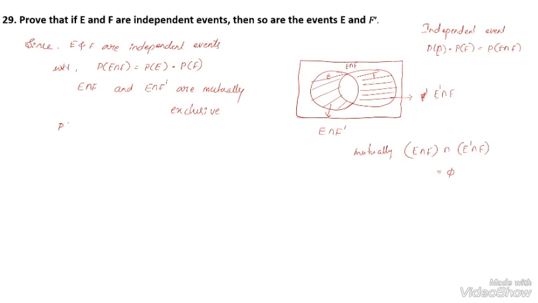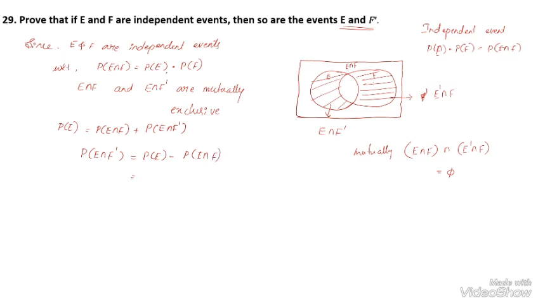So I can write probability of E is equal to probability of E intersection F plus probability of E intersection F complement. We want E intersection F complement, so I can take probability of E intersection F complement is equal to probability of E minus probability of E intersection F.